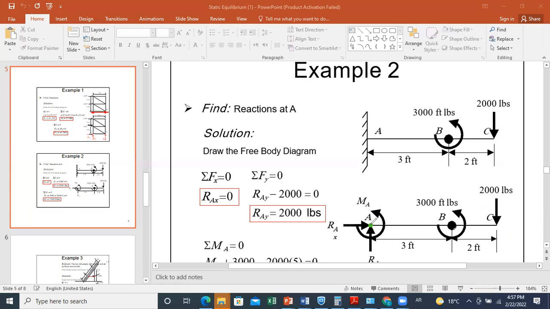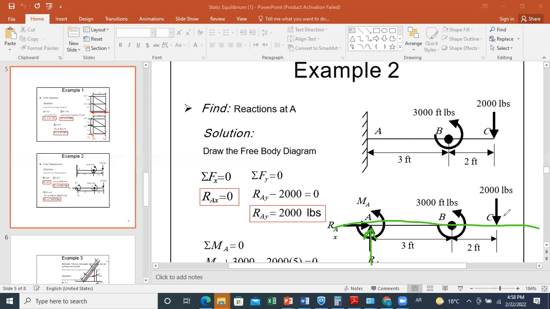Because if you do sum of moments about A, forces RAX and RAY pass through A, so they cannot produce any moment about A. While if you select B or C, Ry will produce a moment about B and C, but not Rx, because Rx passes through B and C, so it cannot produce a moment about these points.